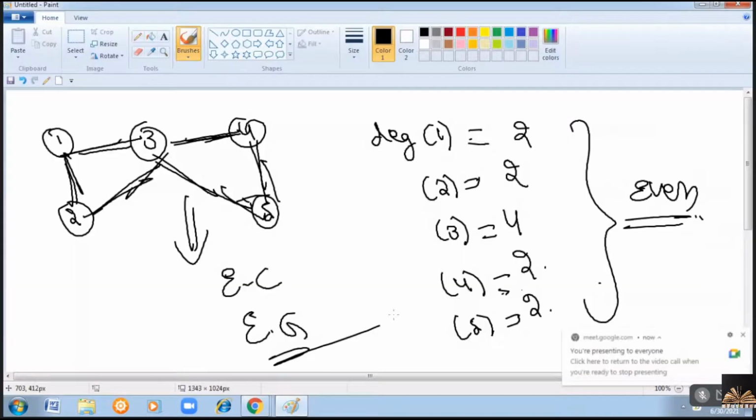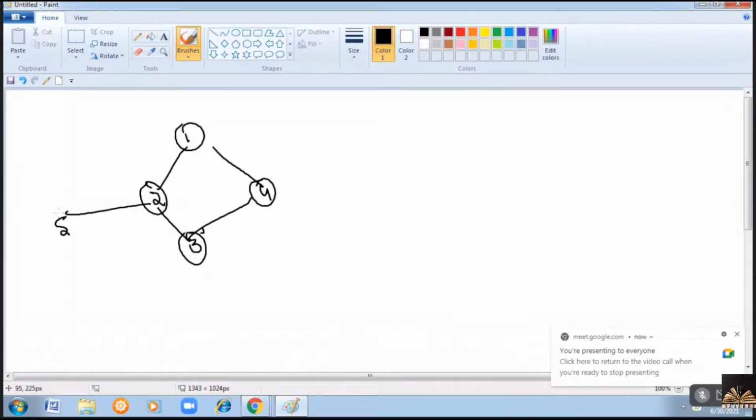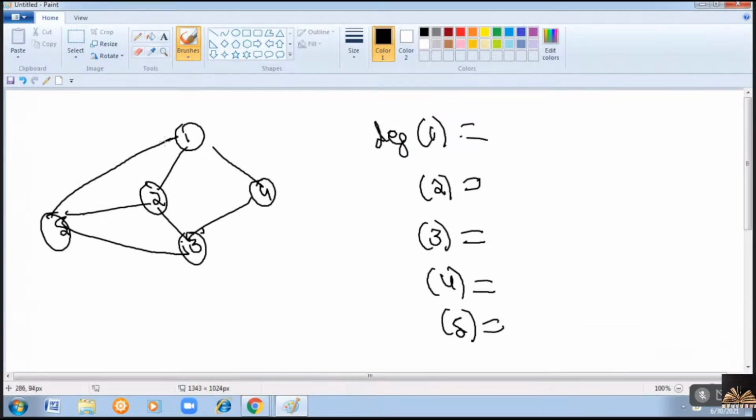Now take the second example. We concluded that it is not an Euler graph because there does not exist an Euler circuit. So find the degrees of the vertices. The degree of vertex 1 is 1, 2, 3.